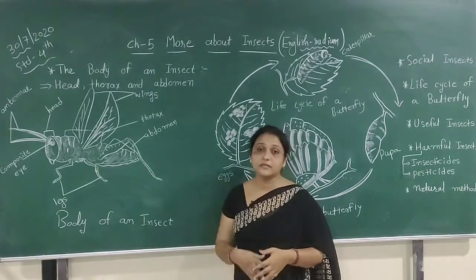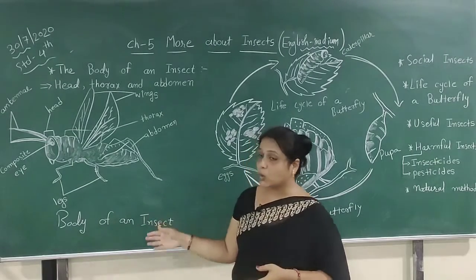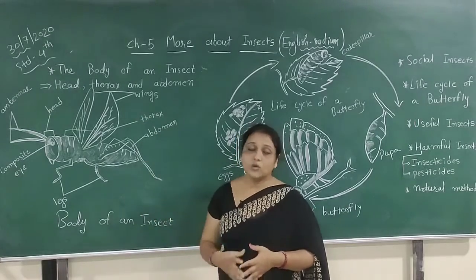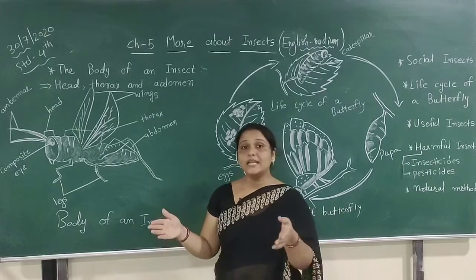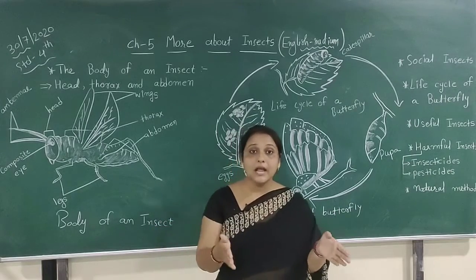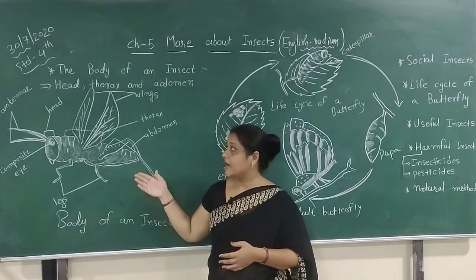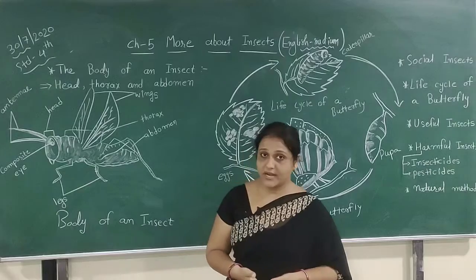Using their body functions, they do their work. They go here and there using their legs. Then after, they can fly using their wings. But according to the insect type, their features are different from each other. Then after, they have head, thorax and abdomen, their three main body parts.